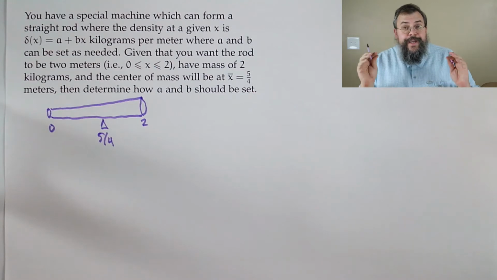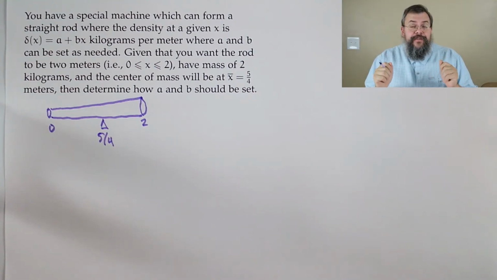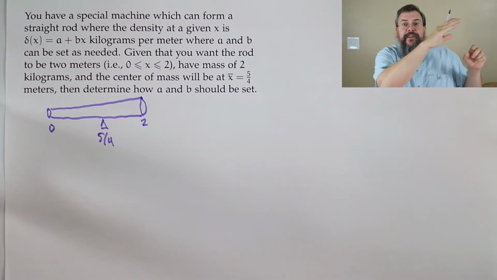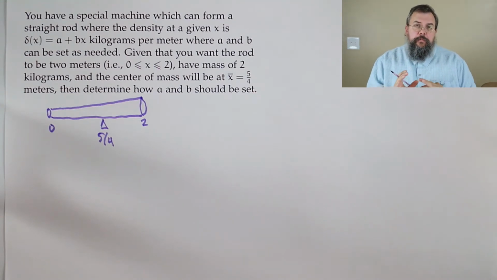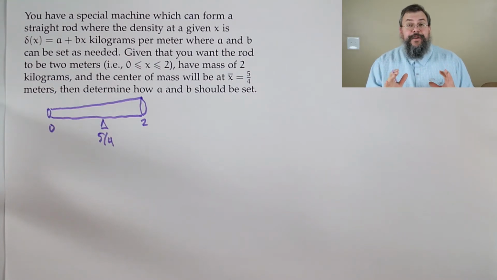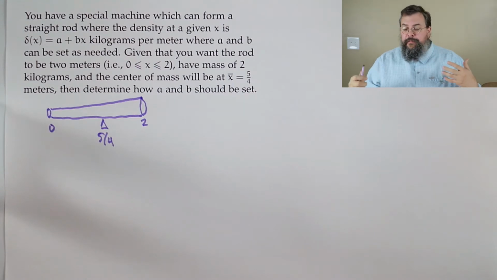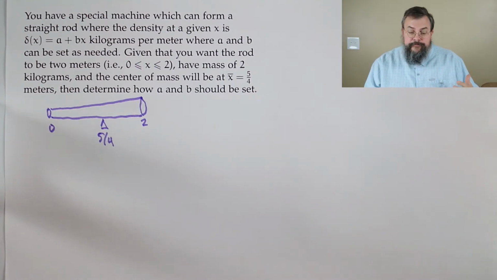So one thing that should be clear is that B should be positive so that we get that increasing thickness to help us bias towards the right-hand side. We should also hope that A is positive, because if A is negative, then we somehow have negative density. That doesn't make sense. Density should be a positive quantity.